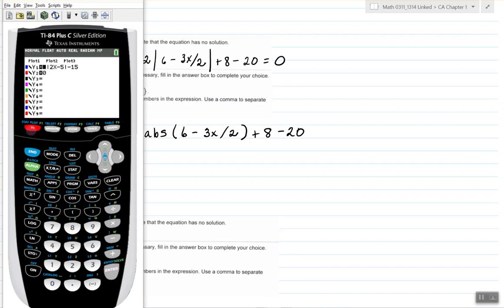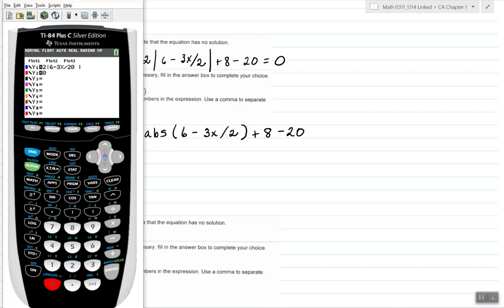Y equals, clear, and it's frozen up again. Let me see if I can figure that out. I'm not sure why it's being contrary, but I have 2, second catalog, choose ABS by pressing enter, 6 minus 3x divided by 2. I'm going to get out of the absolute values.